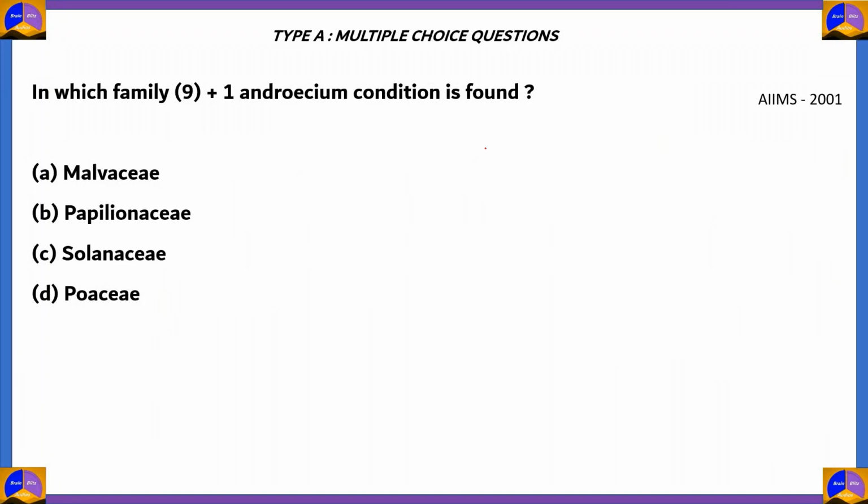Next question. In which family 9+1 androecium arrangement or condition is found? Option A, Malvaceae, option B, Papilionaceae, option C, Solanaceae, and option D, Poaceae.